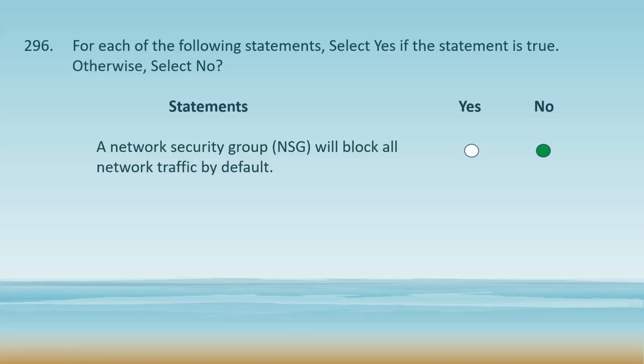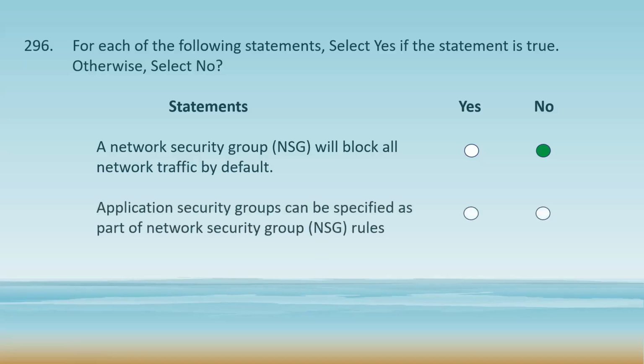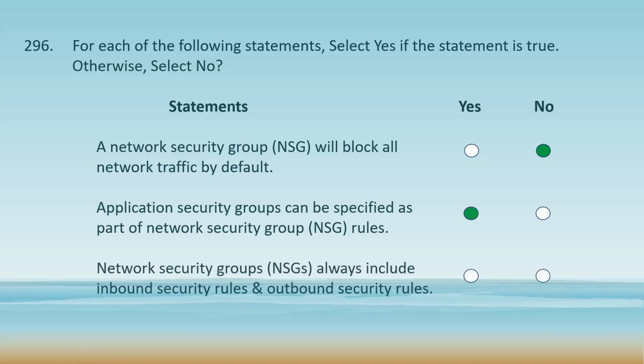Meanwhile, let's look at the second statement. Application security groups can be specified as part of network security group rules. This statement is correct, my friends. And the third statement is network security groups always include inbound security rules and outbound security rules. This is also correct.